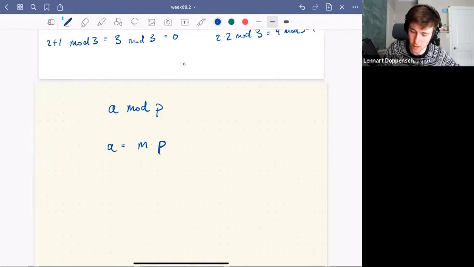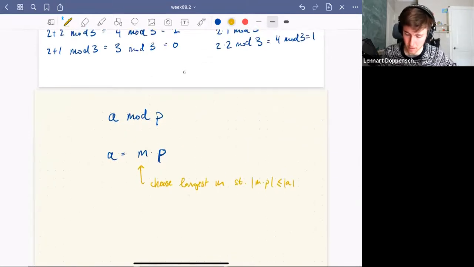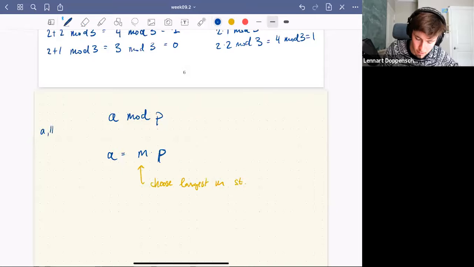But you can choose the largest m such that m times p is still less or equal than a. Let's say a is a natural number. So a and p are natural numbers. Then you take the largest number such that m times p is less or equal than a.